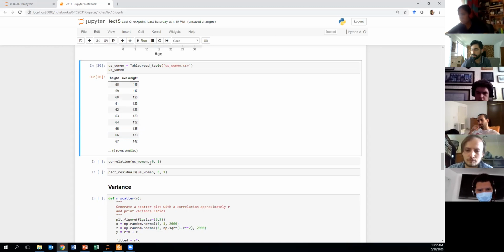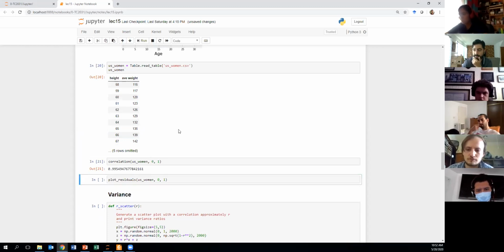If we do the correlation here, you can see it's close to 1, which means it's almost a perfect linear relationship between these two values.